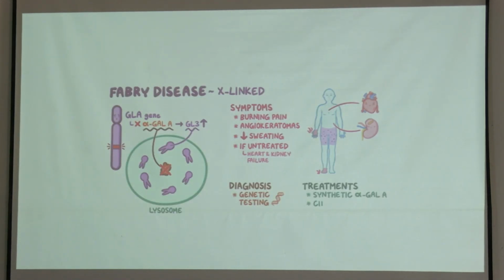Fabry's disease: here you can see this is a lysosomal enzyme inside the lysosome. Alpha galactosidase deficiency. Here you can see angiokeratoma, remember the reddish spot, angiokeratoma.